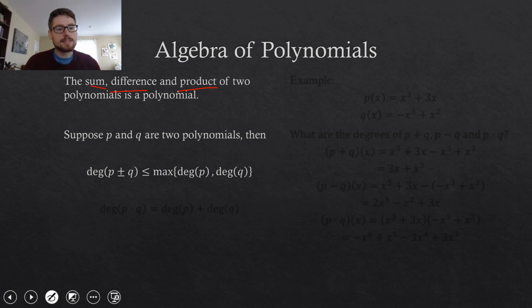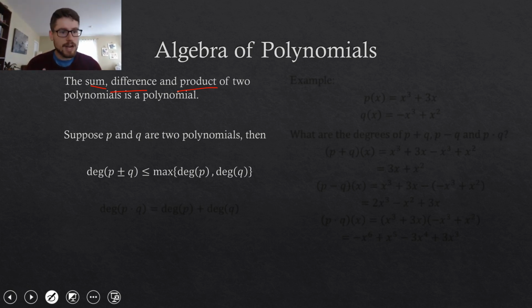The most that the degree of the sum will be is the largest degree of the two polynomials. And then similarly for the difference, that's also counterintuitive.